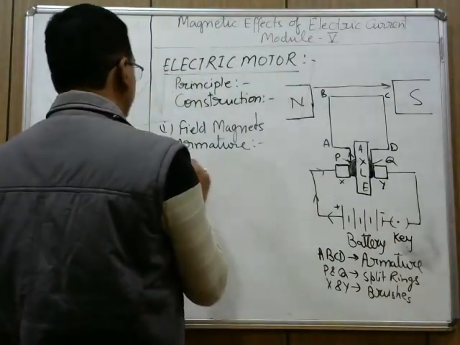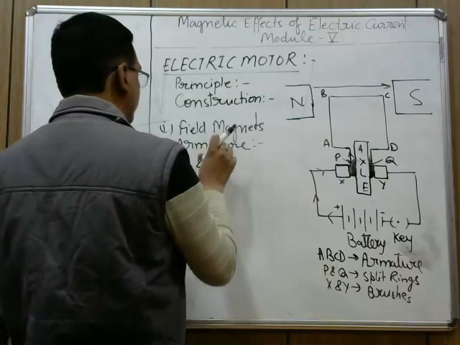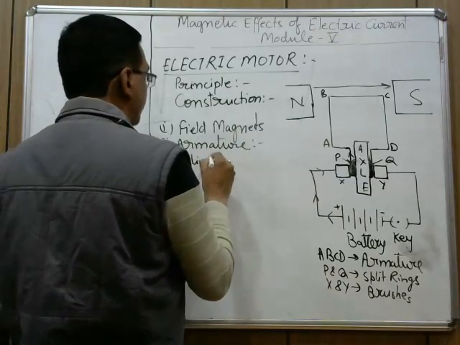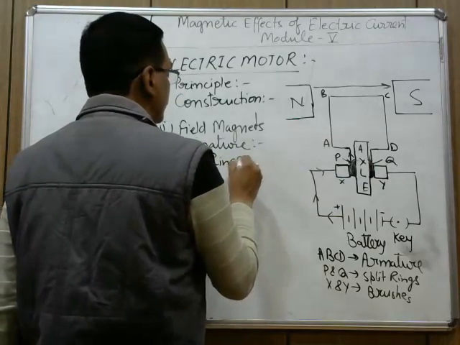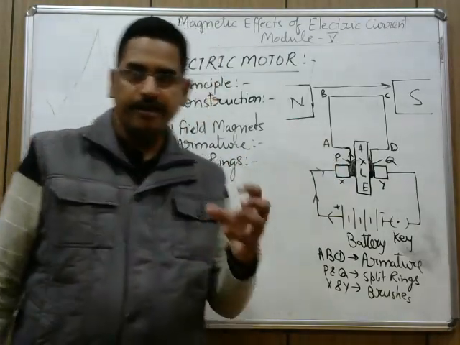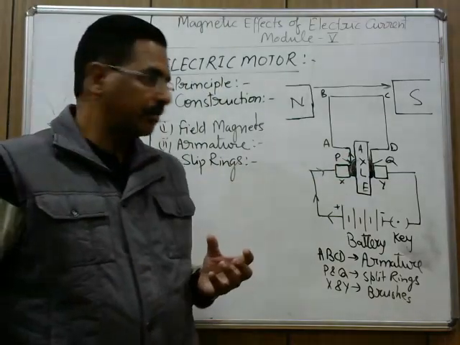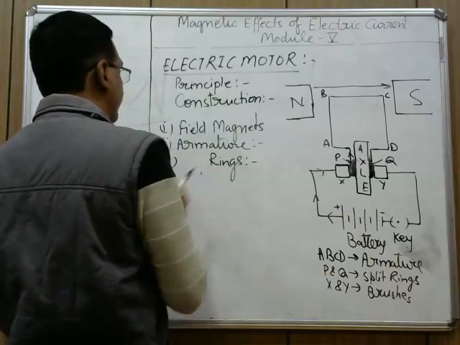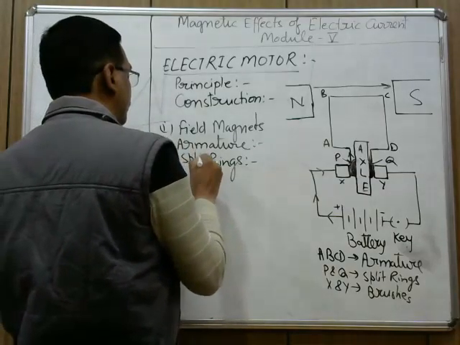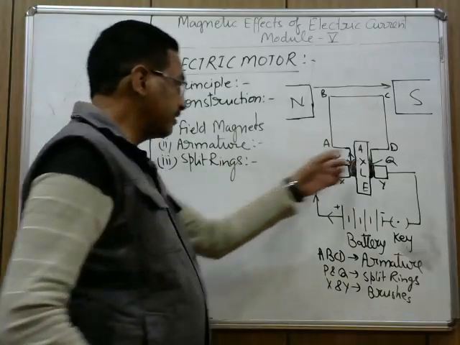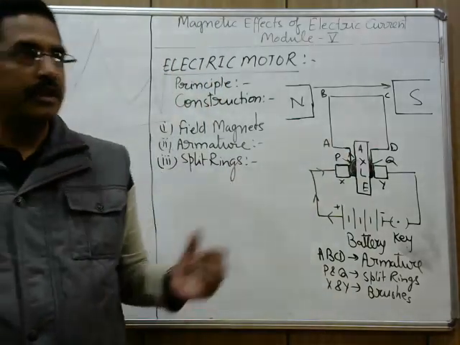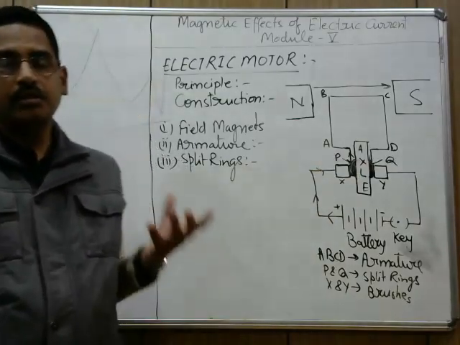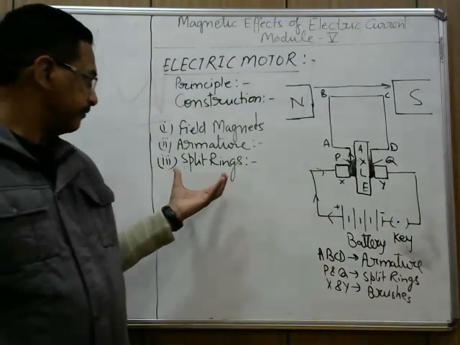Next, P and Q, split rings. As I told you, P and Q are the two halves of a ring called split rings, not slip, split rings. Since the ring is divided, that's why it is called split rings.